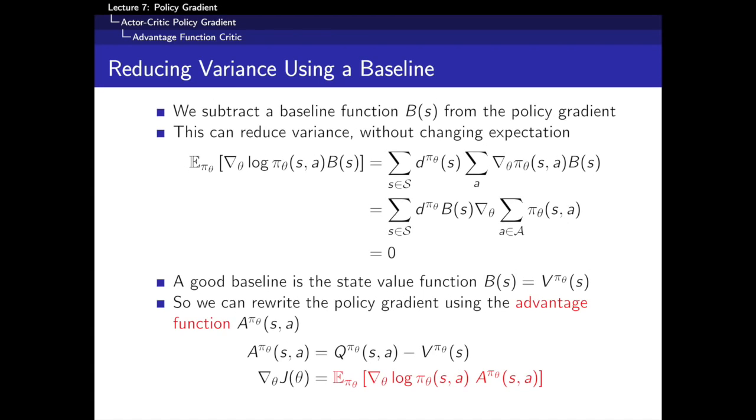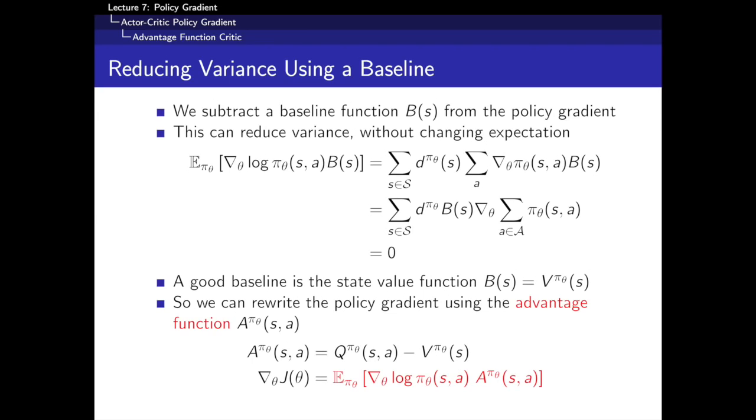This is a probability distribution, so it must sum to 1. So now we have the gradient of 1. The gradient of a constant is always 0. And so we see that this whole term is actually 0. This whole term that we're adding or subtracting is zero mean. It's got zero expectation. Okay?